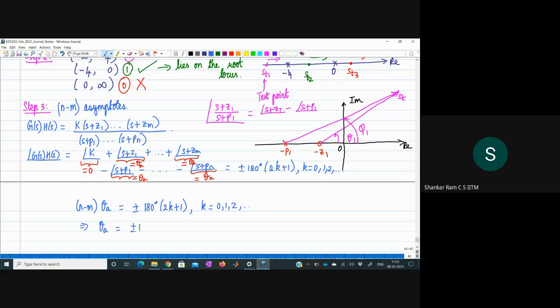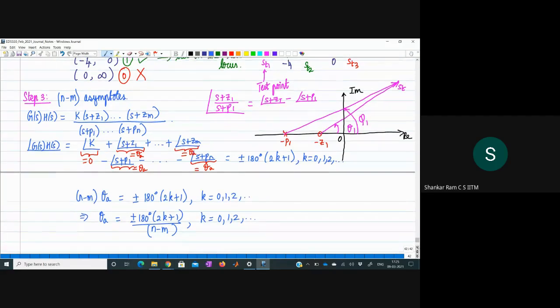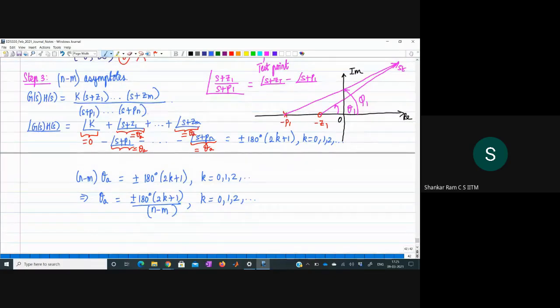So the angle made by the asymptote with the positive real axis will be plus or minus 180 degrees times (2k plus 1) divided by (n minus m). I hope it is clear how we got this formula. I just did a sample derivation to show you how we get the formula for the angle made by the asymptote.